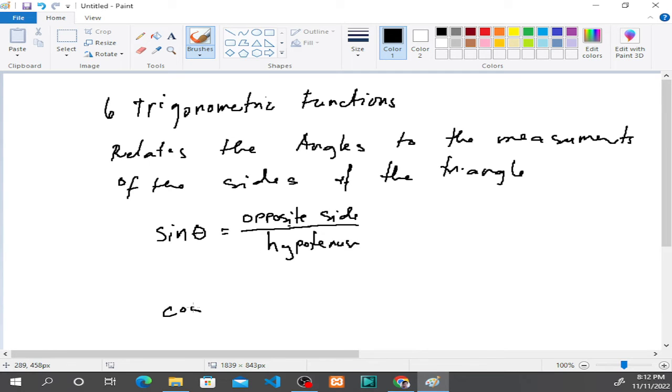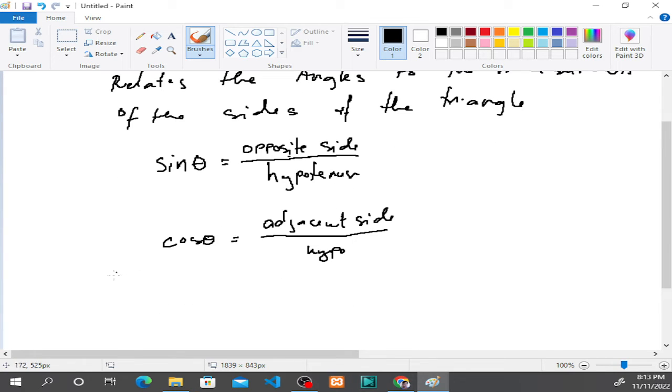For cosine, cos theta is the relationship between the adjacent side to the hypotenuse. And then we have tangent theta, which is the relationship between the opposite side over, or to, the adjacent side.